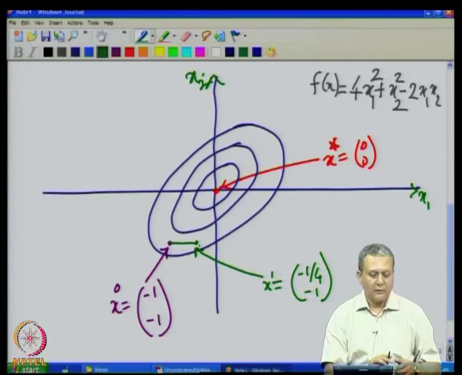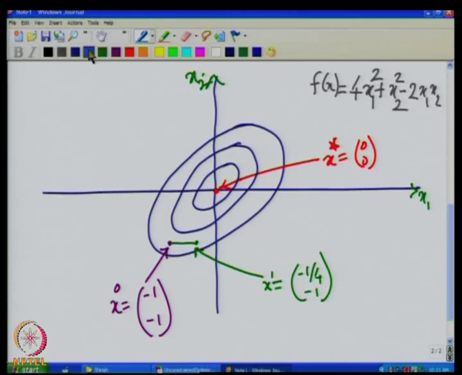So, let us see what happens if we use a direction which is H conjugate to the previous direction. Remember that we have used this direction as our d0, and then we got the point in this direction, which is a minimum.